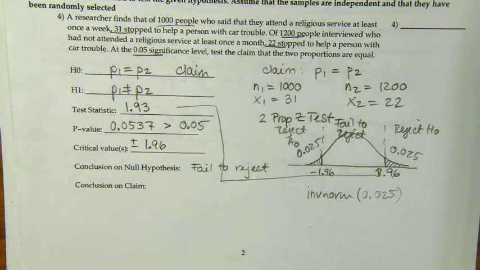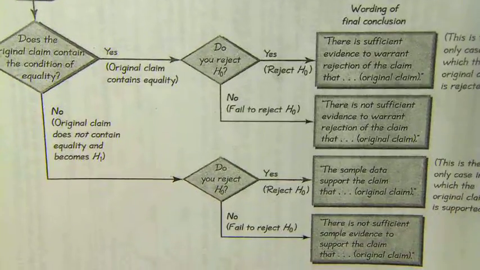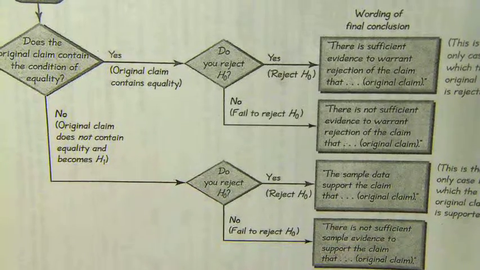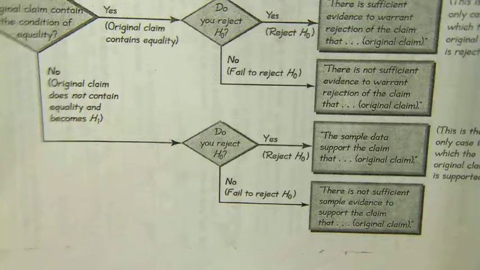Okay, our conclusion on the claim. Our claim was in the null. So we're going to look at our wording. Our original claim did include the equality, and then we failed to reject it. So what is our wording? Yes, there's not sufficient evidence to warrant rejection of the claim.